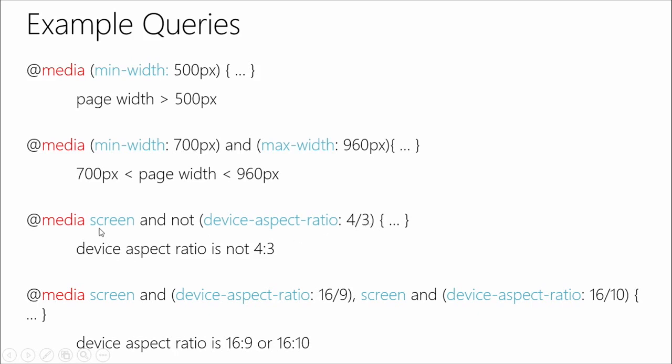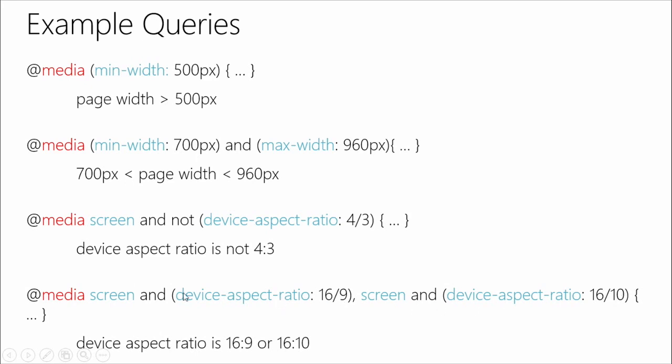So that says as long as this device is a screen, so mostly self-explanatory. If it is a screen and the device aspect ratio is not 4:3, so if it's not the old school monitor size, then apply these properties. Whereas the bottom one is media screen and device aspect ratio 16:9 and 16:10.